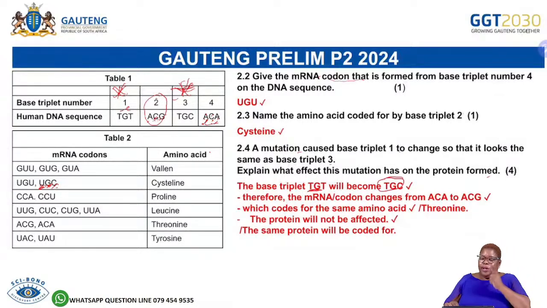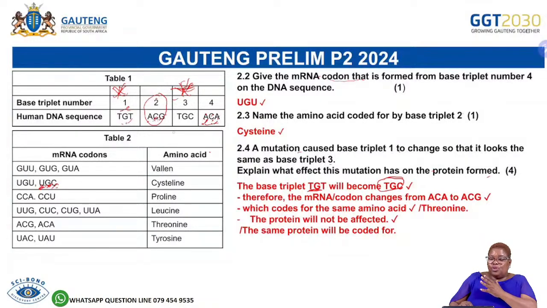Okay, remember, the question says, explain what effect this mutation has on the protein formed. Because they said mutation, after mutation has taken place, this one, TGT, becomes, you are told in the information, they say mutation causes triplet 1 to change so that it looks the same as base triplet 3.